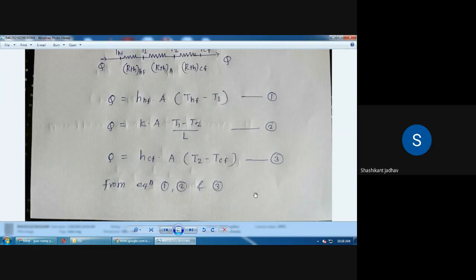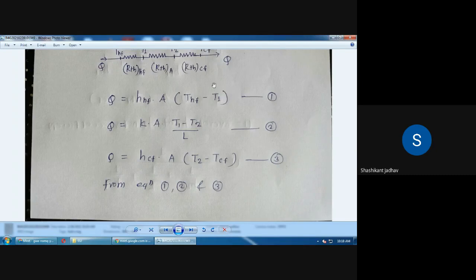We have to write down the equations for the temperature difference. So from equation 1, we have to write down the equation for THF minus T1. All of you understood the concept from equation 1, 2 and 3. Now we have to write down the equation for THF minus T1. So from equation 1, what is the value of THF minus T1? Can anyone tell me?